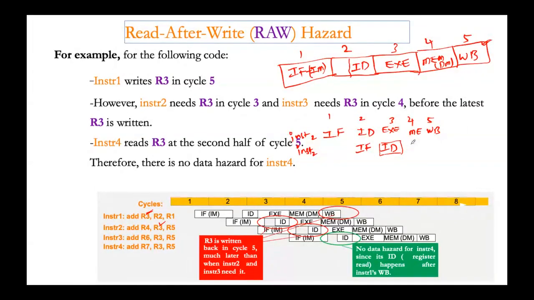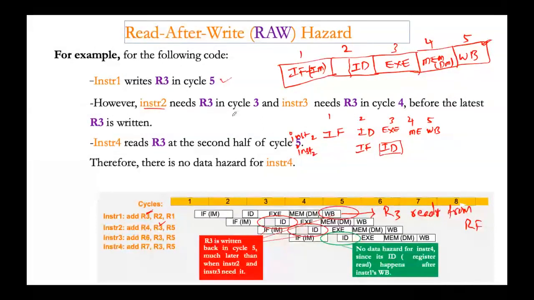It will not allow this second instruction to get into the next stage, that is your execution stage, because the value is not yet ready. After the fifth cycle half part, the value in R3 is ready from your register file.